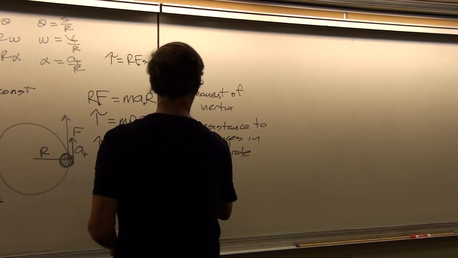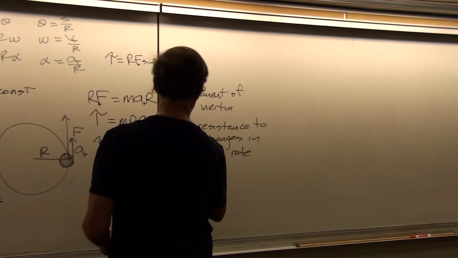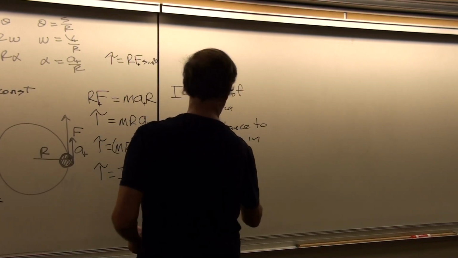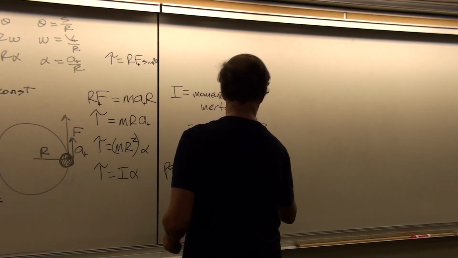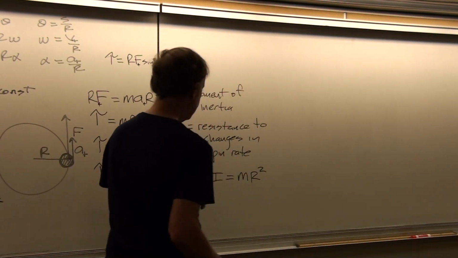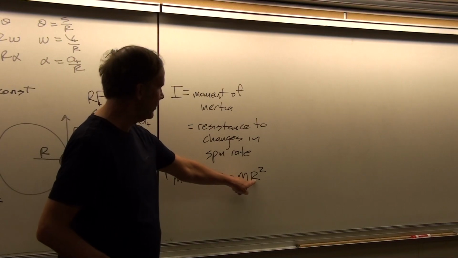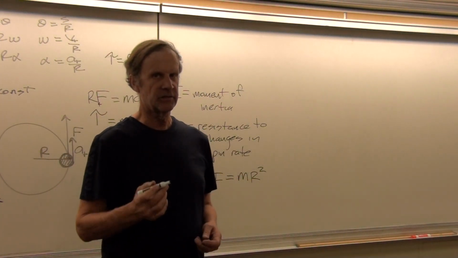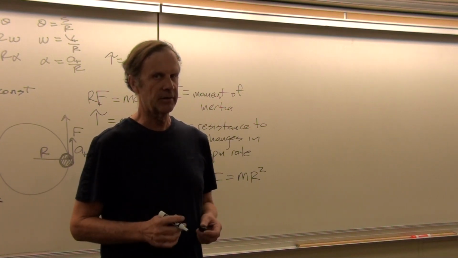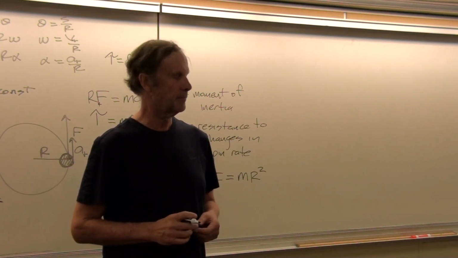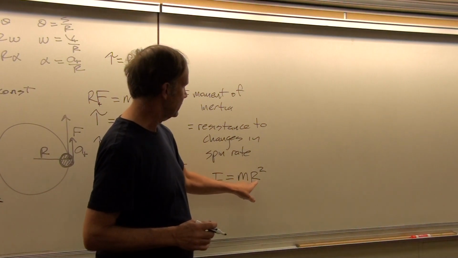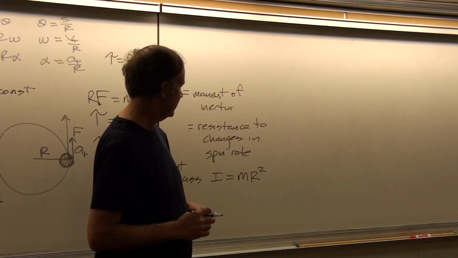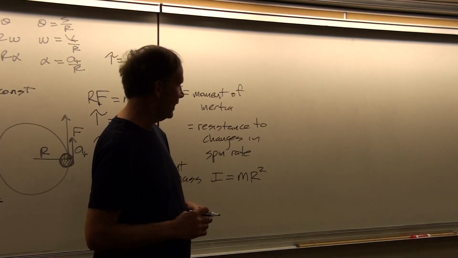Notice that the I value for a point mass is proportional to the radius squared. So if, for example, I were to double the radius, then the resistance to changes in spin rate would go up not by a factor of 2, but by a factor of 4, because the radius is raised to the second power in this relationship.